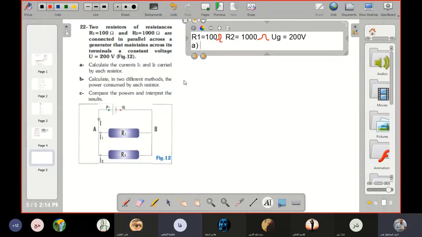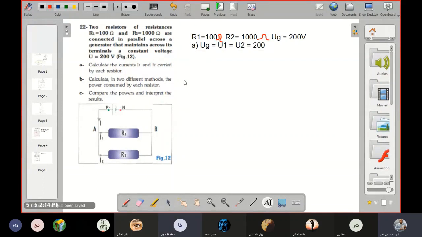Ali, Fatima first is answering. So what do we say, Fatima? UG equal U1, which is the voltage across resistor 1, equal U2 equal 200 volts.